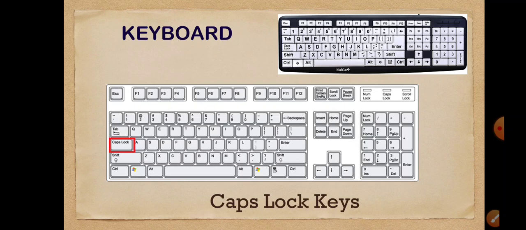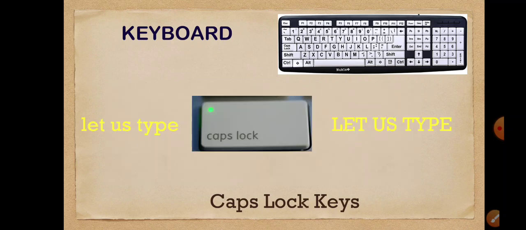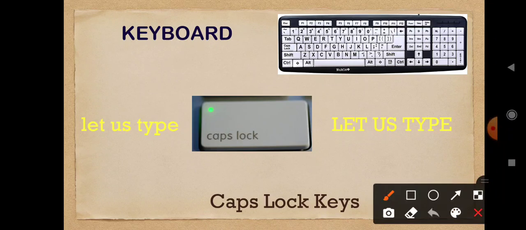These are used when you want to type in capital letters, big letters. For example, if I have typed, here you can observe, if I have typed in small but I want it to be in capitals, I will press the caps lock key on the keyboard with my finger, and then whatever I will type will get typed in capital letters.